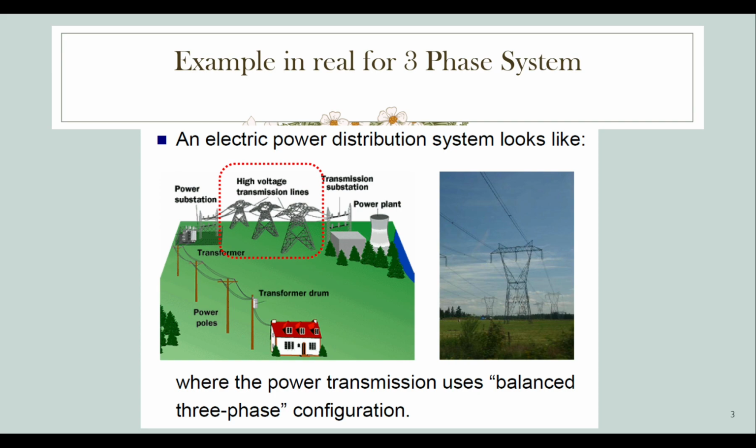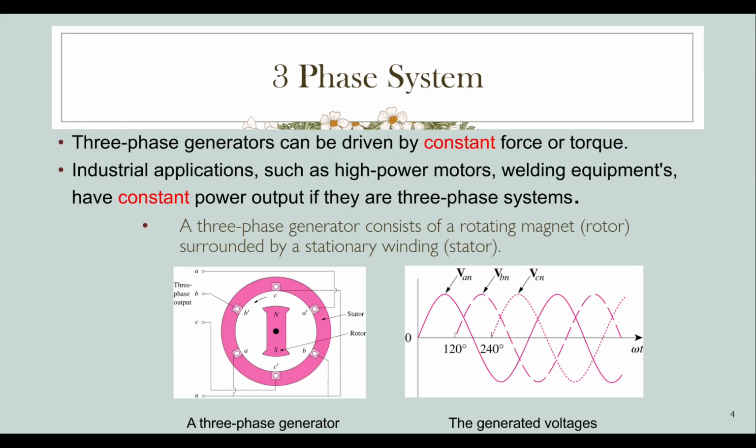So this is an example in real life. You see where the three-phase system is being used. This is an example of power transmission here, and it uses a balanced three-phase configuration. In a three-phase system, a three-phase generator can be driven by constant force or torque.